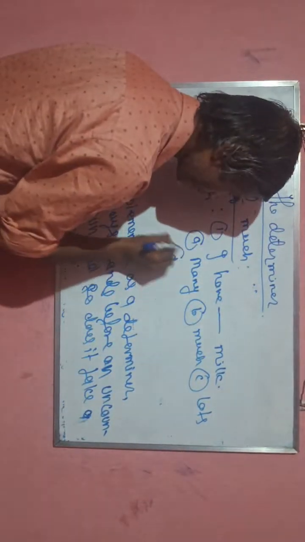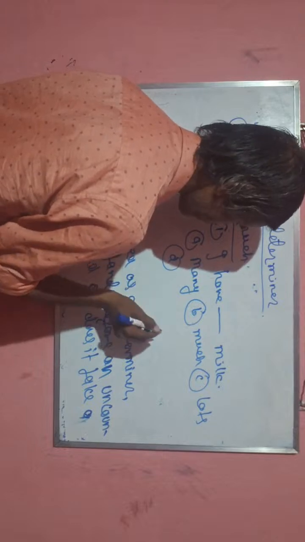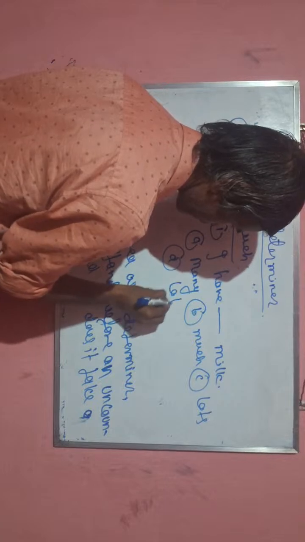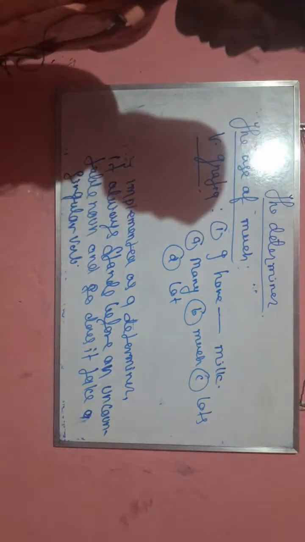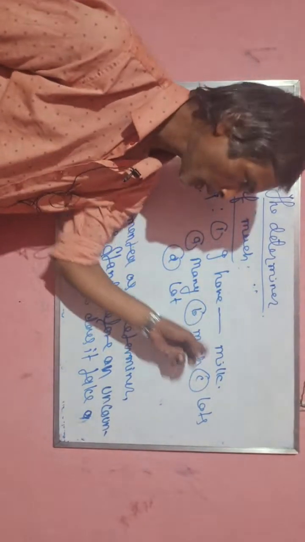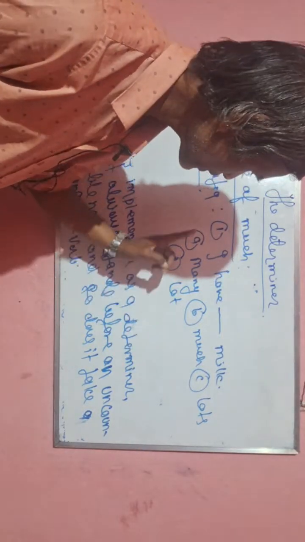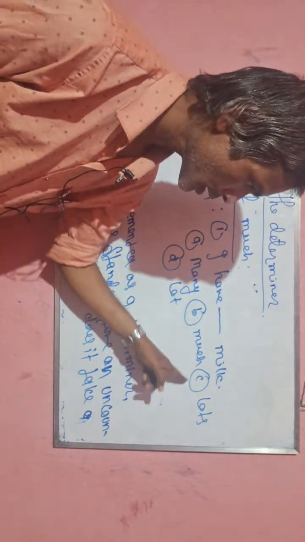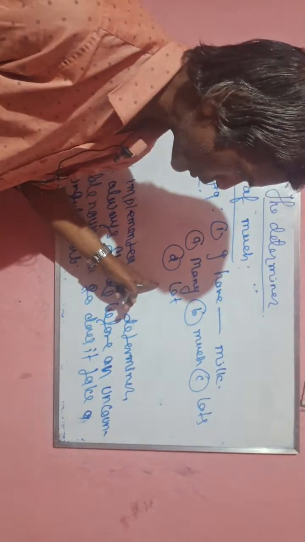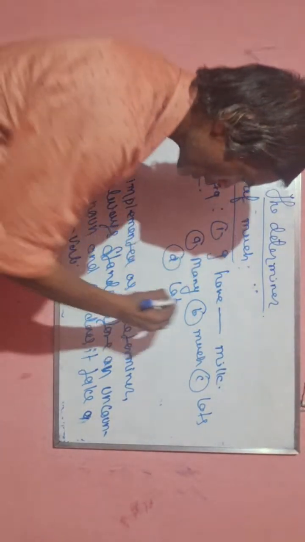Option D, a lot. I have written down one example. I have dash milk. There are four options you can see. Which option do you want to select to fill in the gap? Much.